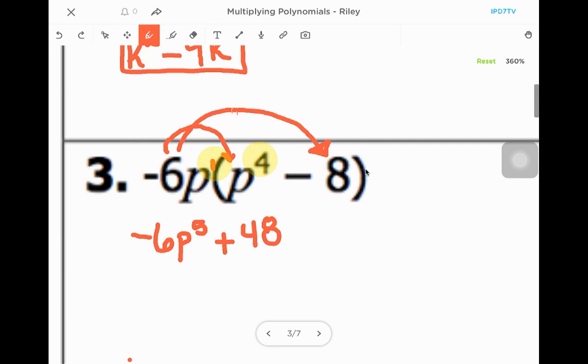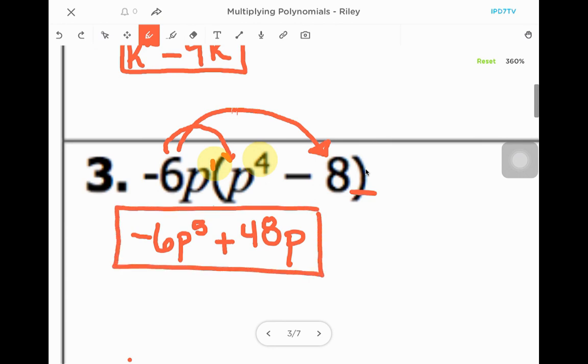And I'm going to keep the p there, because p times, well, there's nothing here, so it's still just going to be a p. And this is my answer. I can't combine any like terms because p to the 5th power is not the same as plain old p.